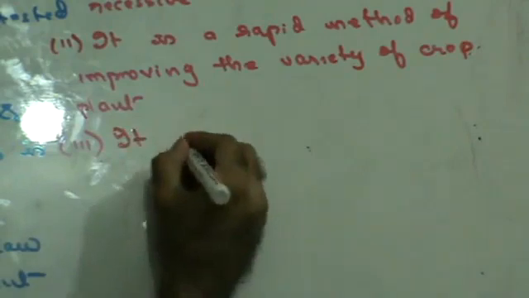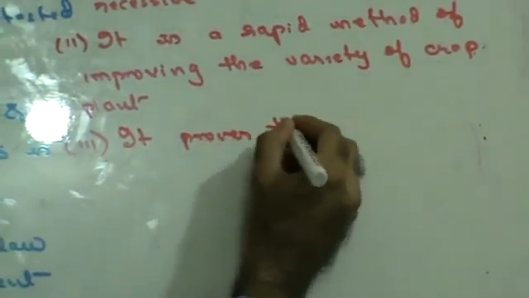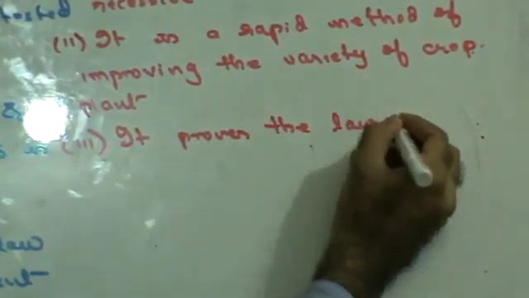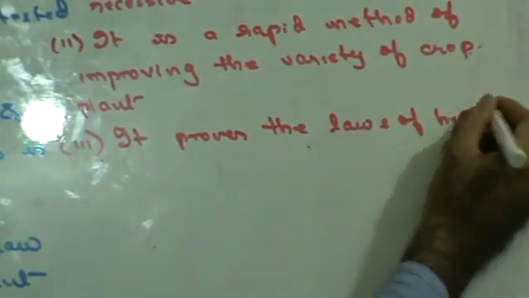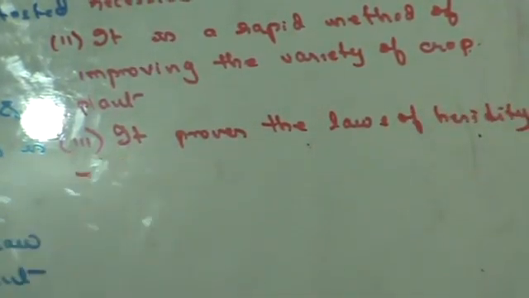It proves the laws of heredity, both the laws, that is the law of segregation as well as the law of independent assortment. The gametes remain, they do not mix, and then they show themselves back in the F2 generation. So it proves the laws of heredity. Which are the laws of heredity?